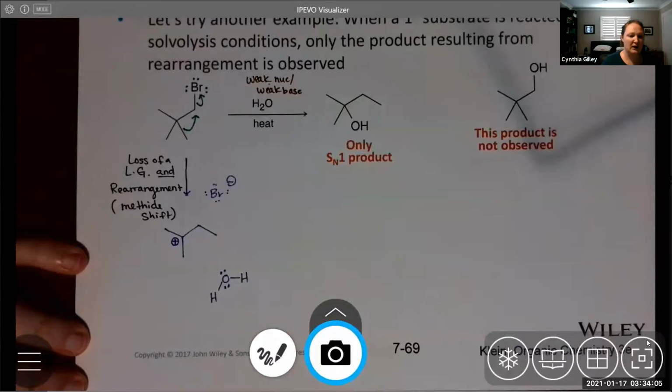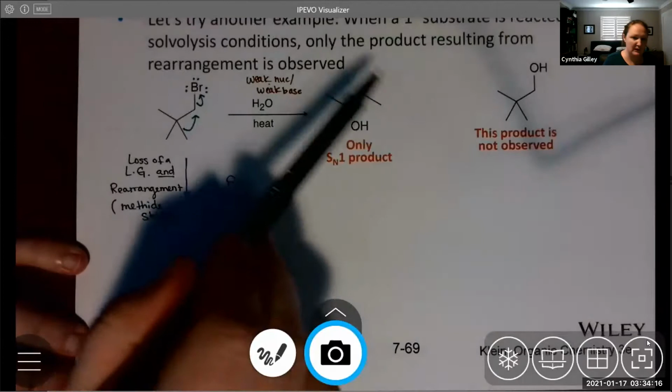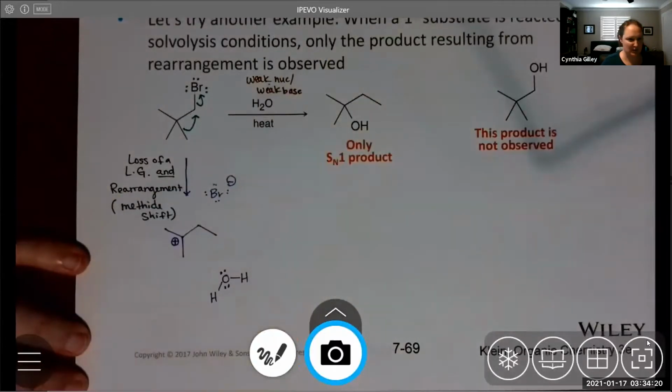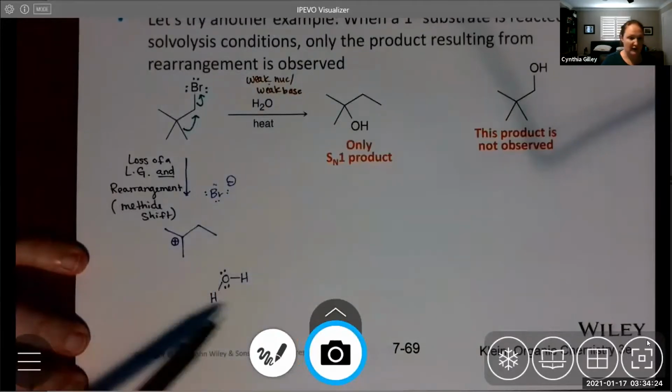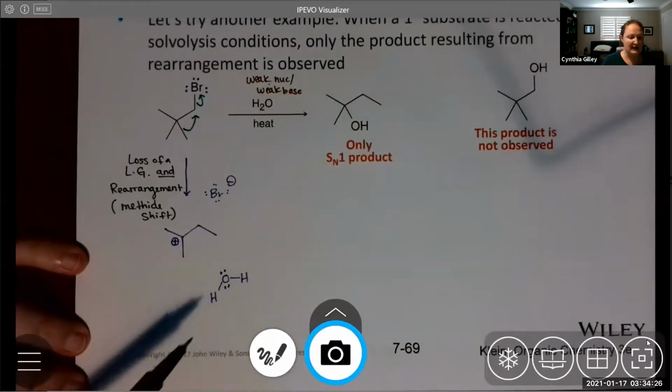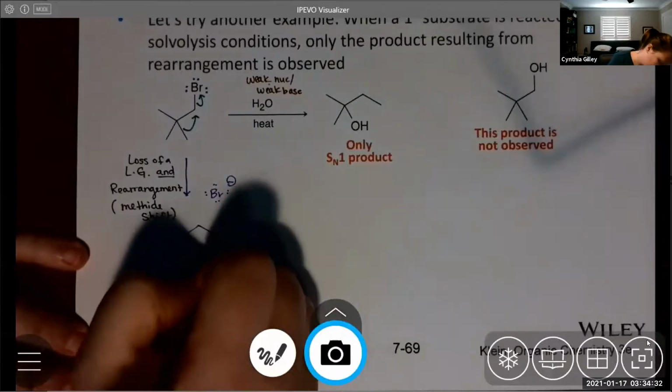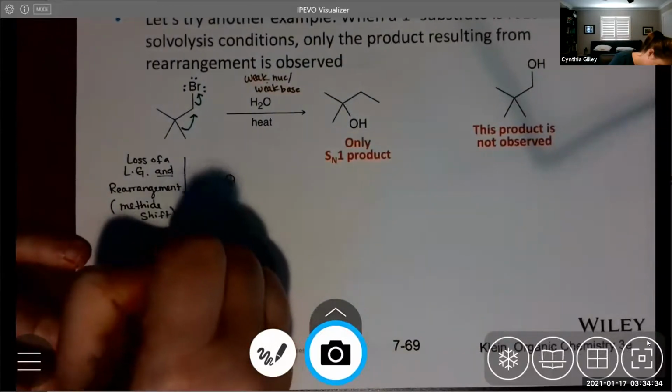So there are 2 E1 products that are formed as well, but this is the only SN1 product. Okay, so I don't want you to be confused. This is not the only product, it's just the only SN1 product. We also get elimination products from an E1 pathway where water, again, acts as a base and takes a proton at one of the beta carbons. But if it's going to act as a nucleophile, it will do a nucleophilic attack.